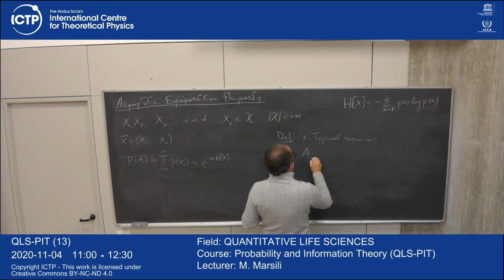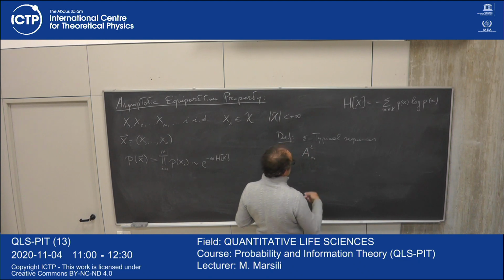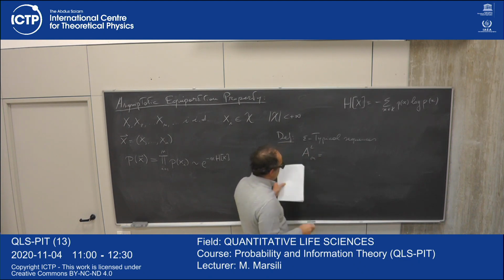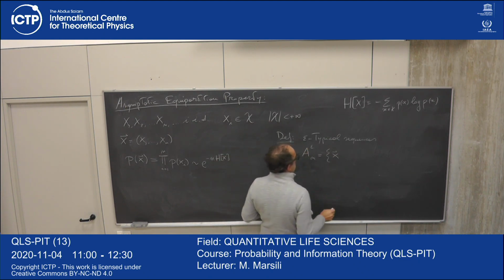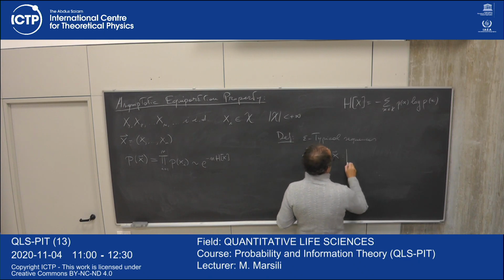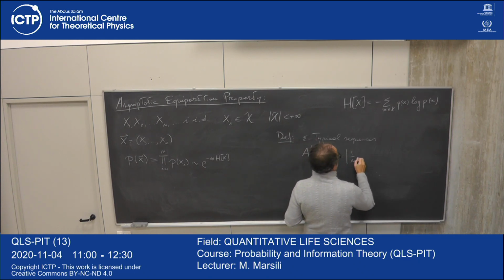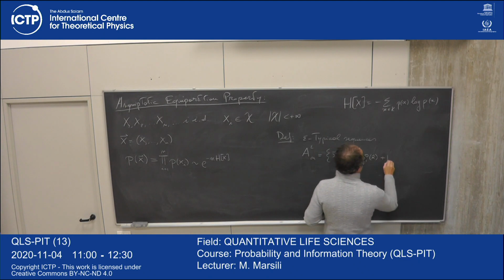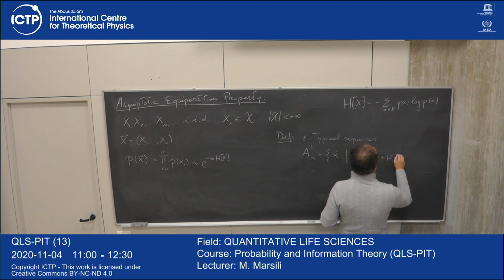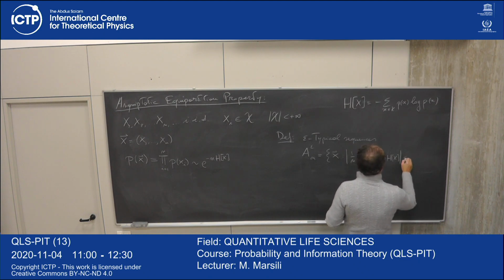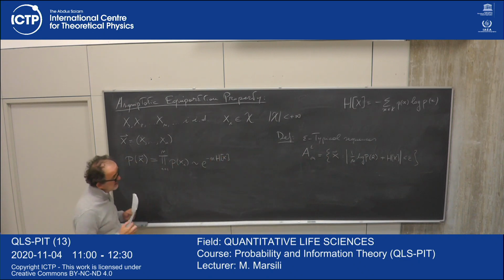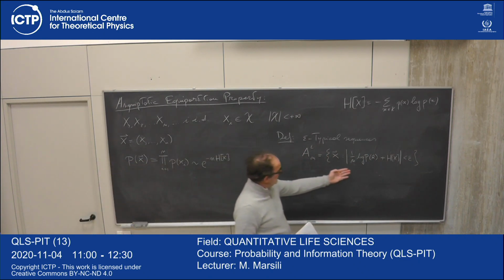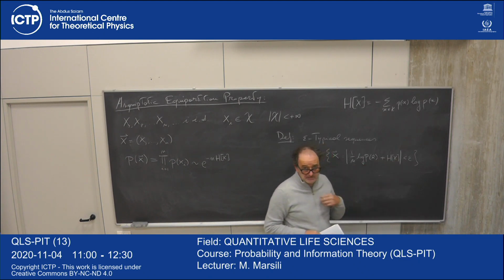So we define the set of epsilon typical sequences in this way, as the set of sequences such that 1 over n times the log of the probability of the sequence plus h of x, the entropy, is less than epsilon. Okay? So these are the sequences for which the probability is very close to e to the minus n times h.